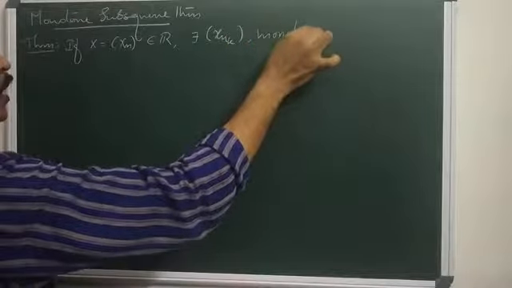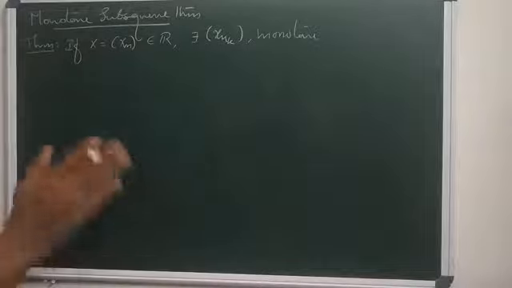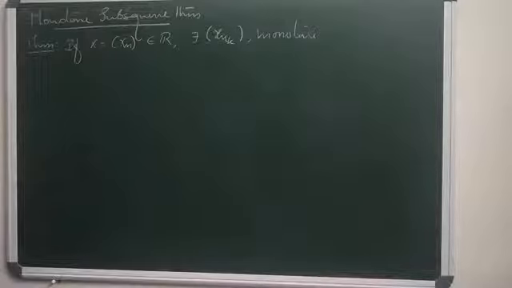Either it is monotonically increasing or it is monotonically decreasing. This is the monotone subsequence theorem. If there exists a sequence of real numbers, then there exists a subsequence which is monotone.